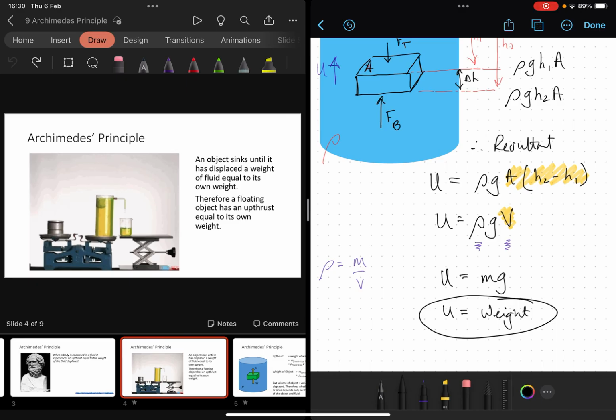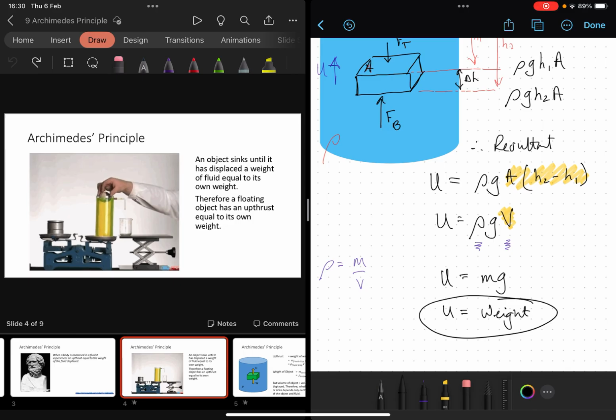The weight on the right-hand side increased, and we are displacing a certain volume of water. Because that object is fully submerged, we would expect the volume of water that overflows into that beaker to be exactly the same as the volume of the object that is being submerged.